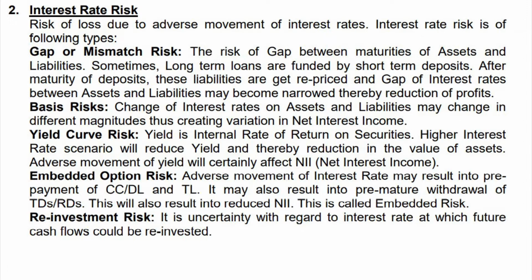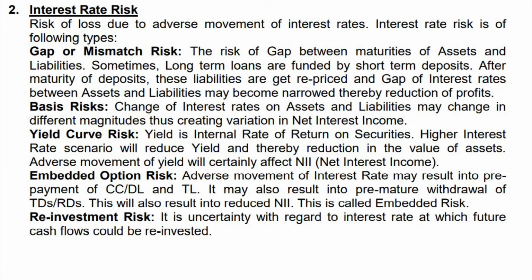Next one is basis risk. Interest rates on assets and liabilities may change in different magnitudes, thus creating variation in net interest income. So basis risk is basically a change in interest rates on assets and liabilities, which usually creates variation in net interest income.